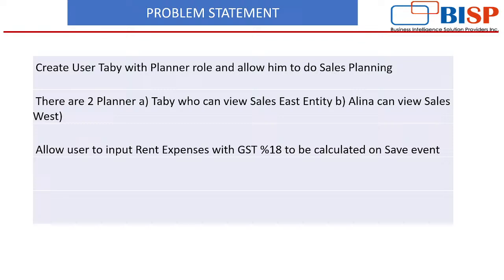It means Tabby cannot view Sales West entity. He can only view Sales East. So we have to provide certain access, and we also have to restrict them from doing certain things. So for that we will go to the application, and first we have to create a second user, who is Alina.